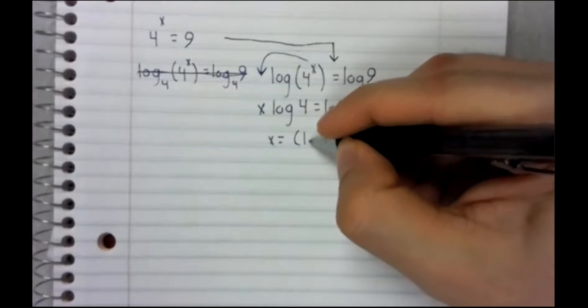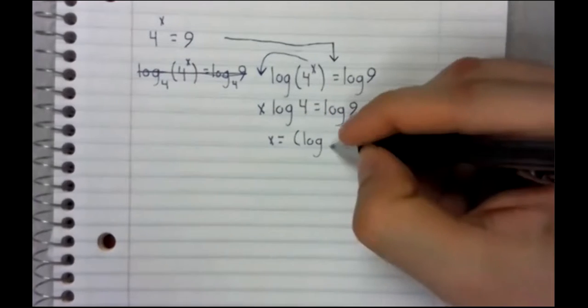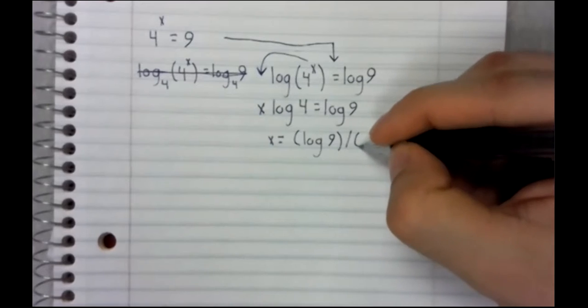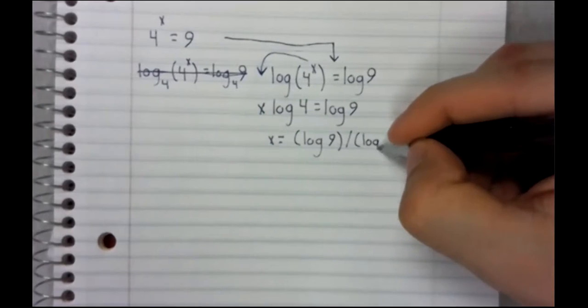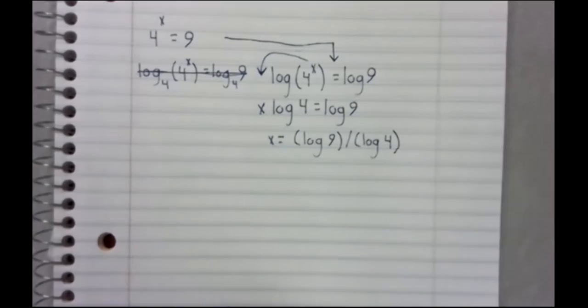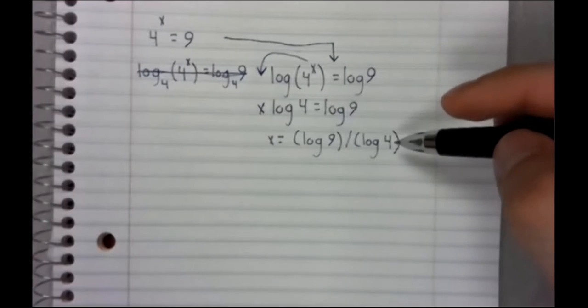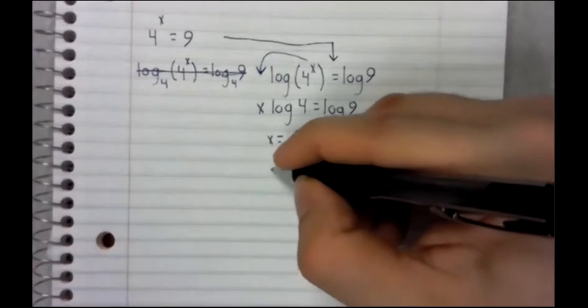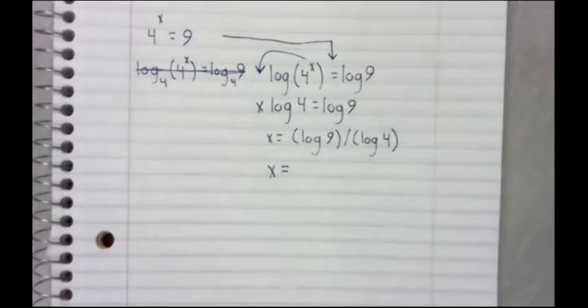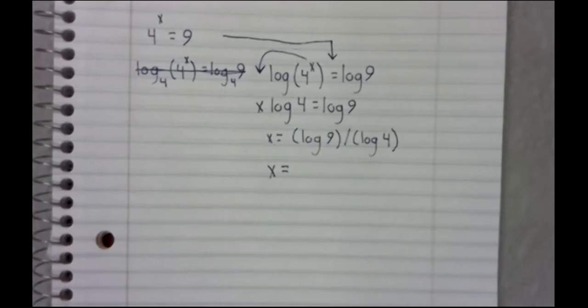We can use division, divide both sides by the log of 4. And there's our answer. In almost any applied setting, we're going to want a decimal approximation.